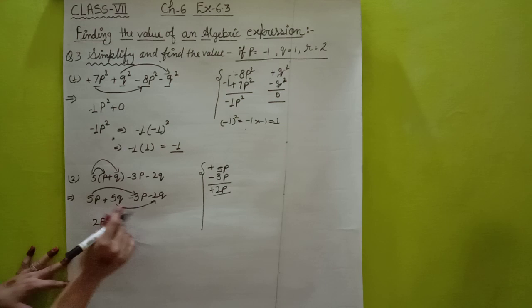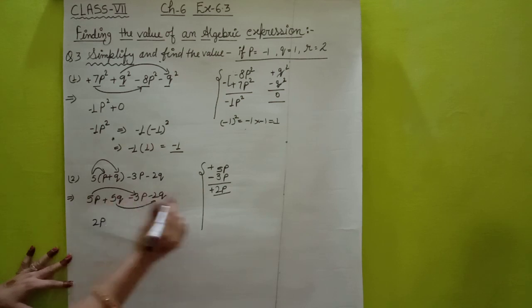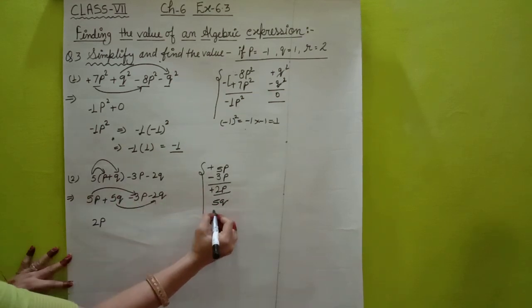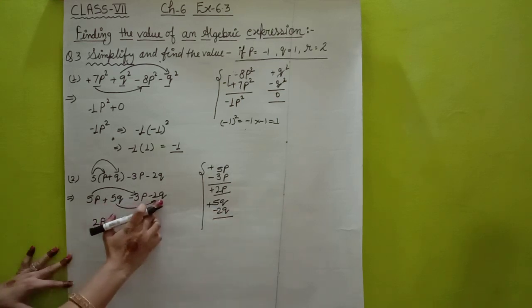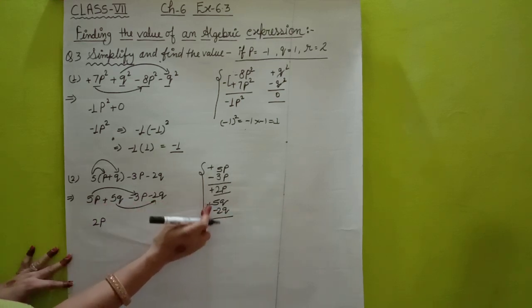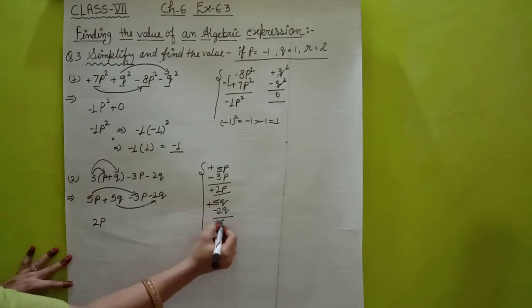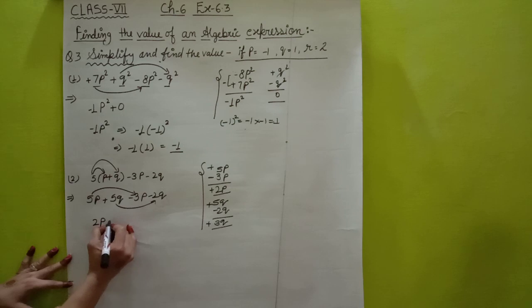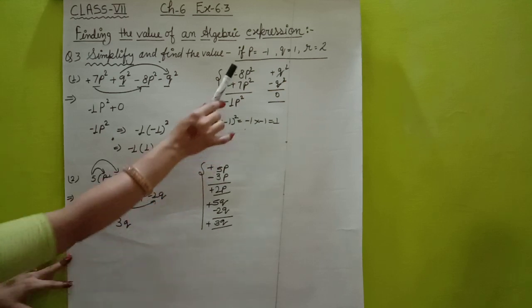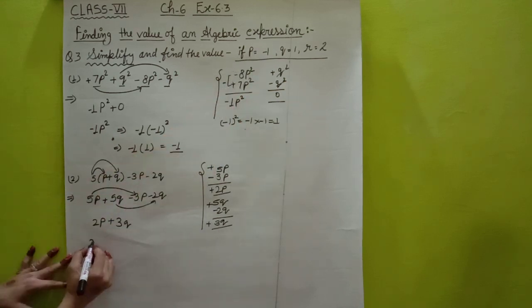So 2p. Now this 5q minus 2q. 5q has a plus sign, 2q has a minus sign. Plus minus again minus, 3q with the plus sign. So plus 3q will come. Students, now I have simplified. I will put the value of p and q. 2, the value of p is minus 1.